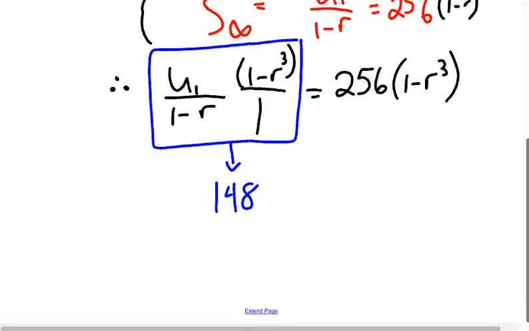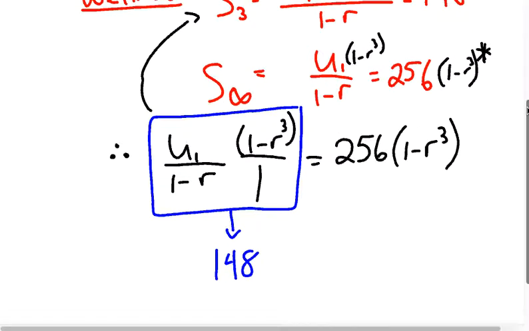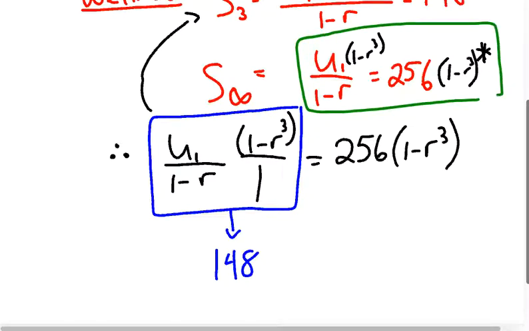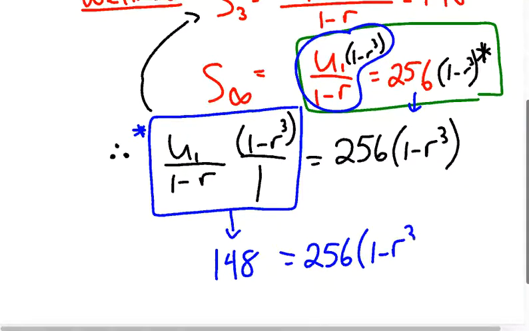In the second equation, since I multiplied both sides by 1 minus r cubed, I now have this piece, which can be set equal to this piece. And that's where I got this from. So 148 equals 256 times 1 minus r to the third.